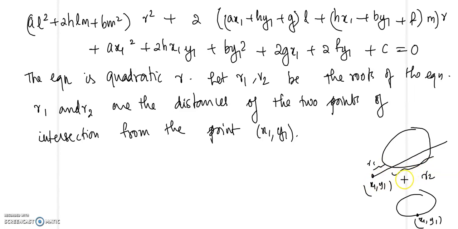Now let's see what happens when r1 and r2 are 0.